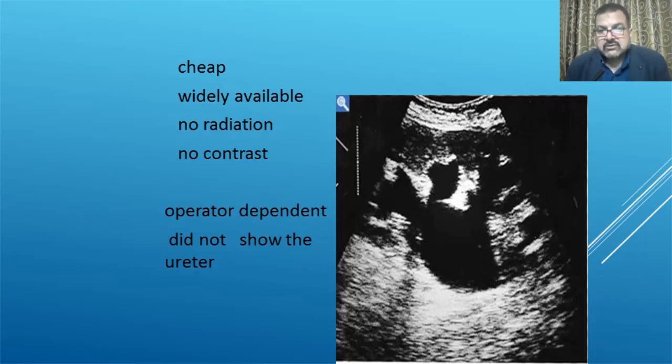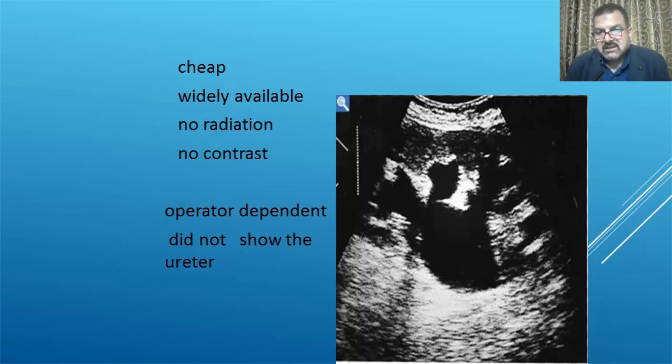Another drawback is that it is usually poor in diagnosing ureteric stones, because the ureter is a retroperitoneal organ and most of the time it is obscured by colonic gases, so usually you can't diagnose a ureteric stone.